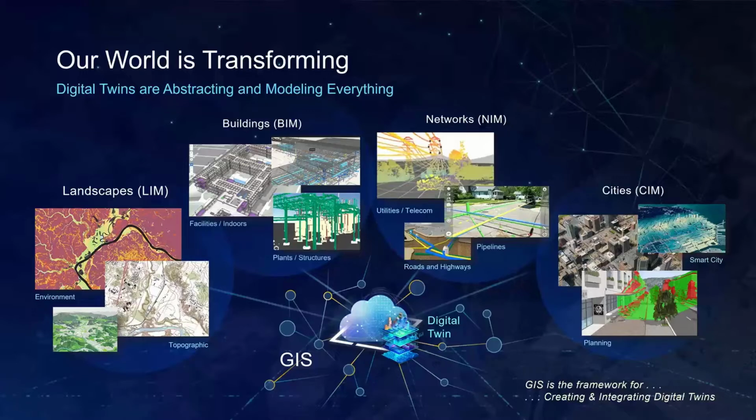BIM is a fairly new area, which we'll talk a little bit more about later, and it starts to bring the facilities and the plants and the structures and the built information into the world of geospatial. Network information modeling is an understanding at scale of the network of something connected, power lines, utilities, water, gas, etc. So it's this ability to bring together and stitch together an understanding of the entire network.